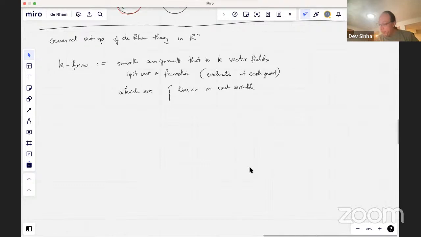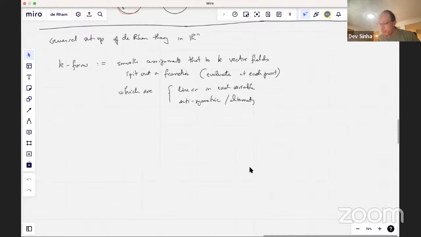And anti-symmetric or alternating are two words. That means if I just swap two vector fields, say they're next to each other on the list for simplicity, I'll introduce a minus sign.